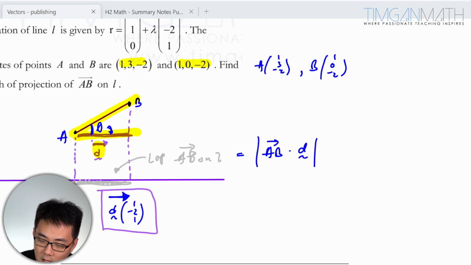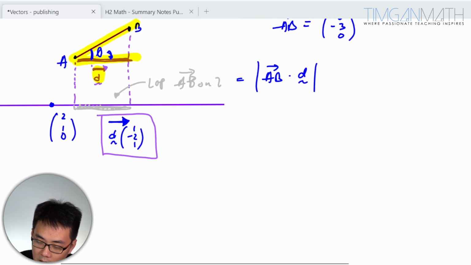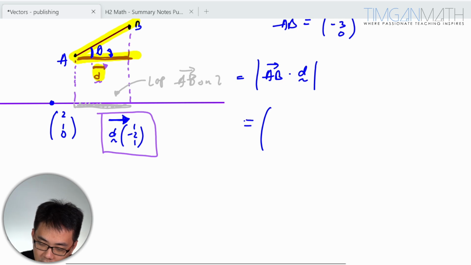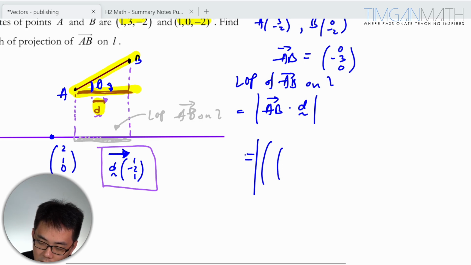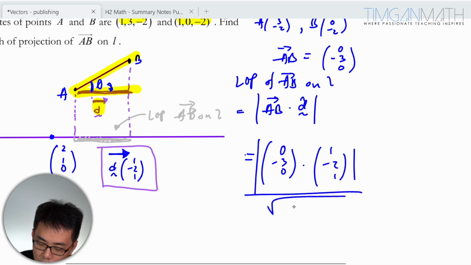Could you do this? A to B will be (0, -3, 0). So the length of projection on L will be this: (0, -3, 0) dotted with the unit vector, which is (1, -2, 1) over the square root of 1 squared plus 2 squared plus 1 squared.